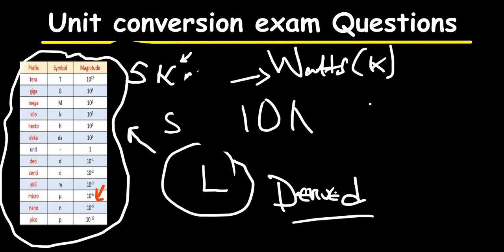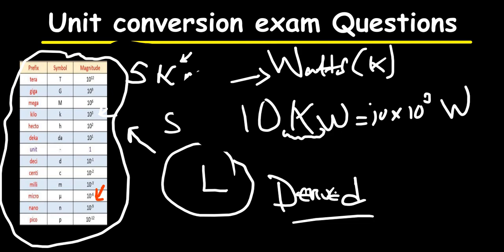It will still mean the same. From the metric table, kilo is 10 to the power 3, so this will be the same as 10 multiplied by 10 to the power 3 watts. So the metric system still applies to any other units, not only the fundamental base units. So that's how we do the direct conversions.